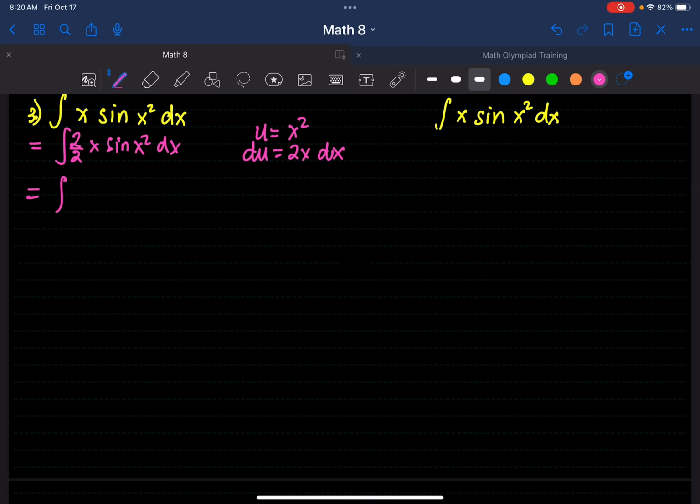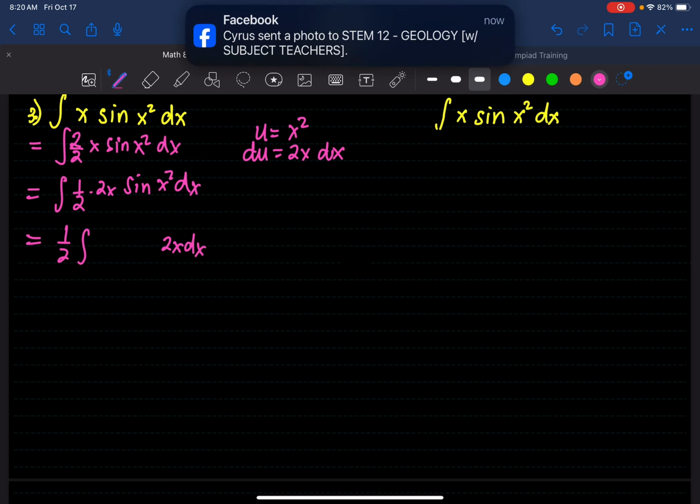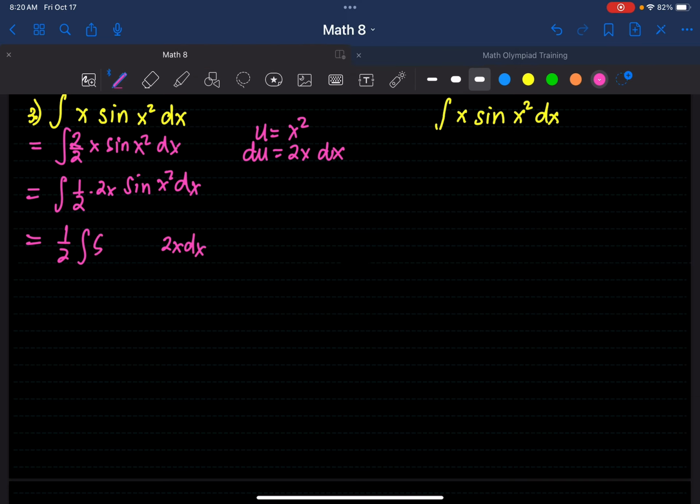So we have the integral of 1 half times 2x sine x squared dx. We can write 1 half before the integral symbol, and this 2x dx stays with sine x squared.